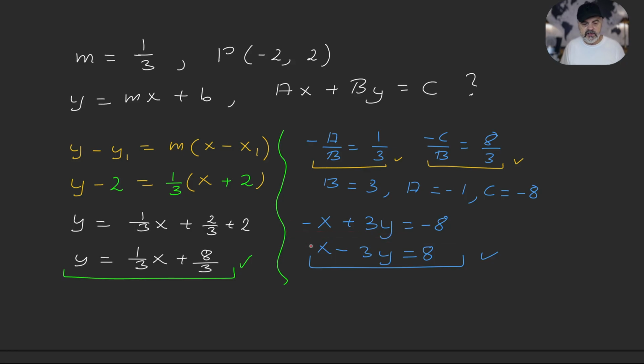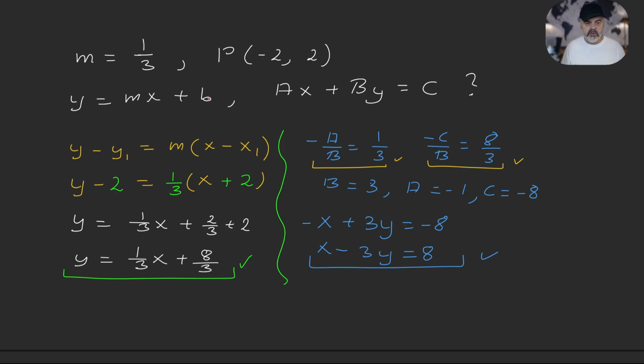But coefficient a has to be positive, so you change this equation into that form, and you still have a standard form, slightly altered from what I mentioned at the beginning: ax plus by is equal to c. Personally, I prefer ax plus by plus c is equal to 0, but it doesn't matter really because they both are equivalent.